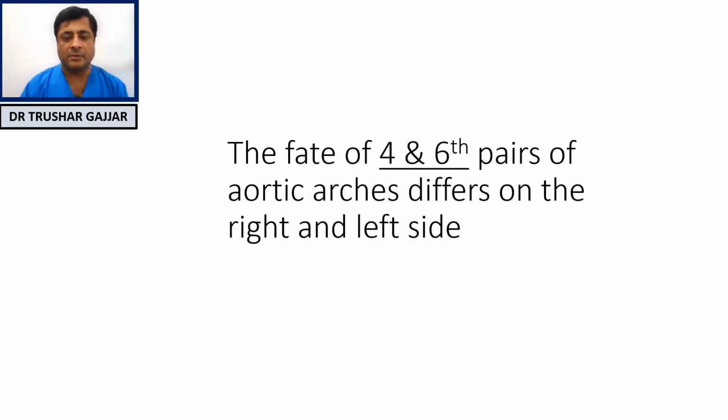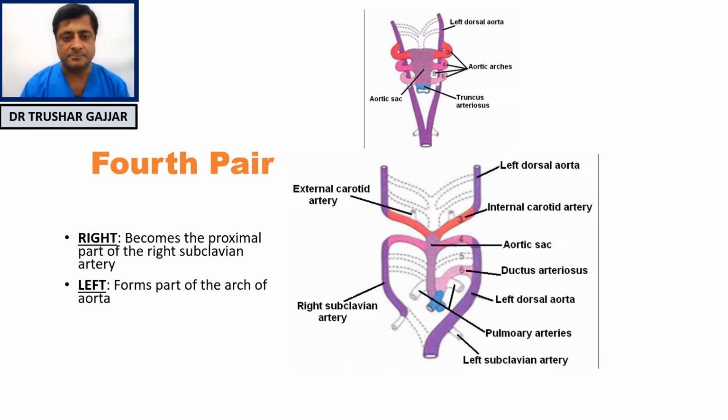The fate of the fourth and sixth pair of the aortic arch differ on either side and they are very important for the vascular derivative formation. The fourth pair on the right side forms the right subclavian artery. On the left side, the fourth arch will form the aortic arch.